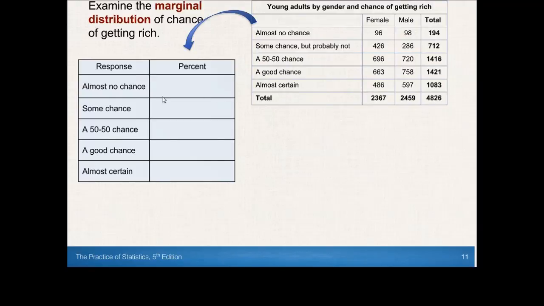So to get the percent of almost no chance, we have to take the total, 194, and divide it by the total surveyed. We're not looking at both variables at the same time now. We're just looking at one of the variables, and that's the opinion. So go ahead and calculate the rest of this table. You should pause the video to do that.